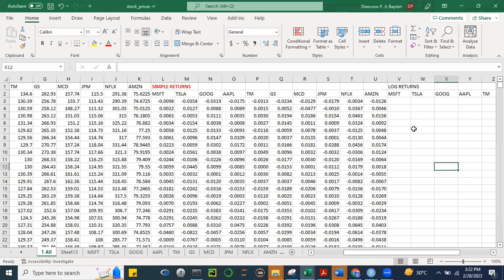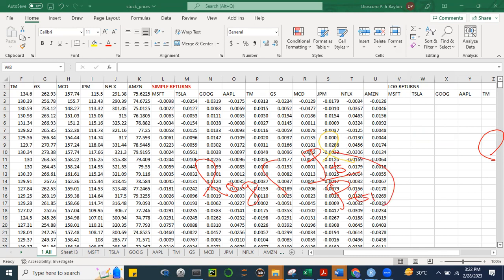All right. So it's the log. If you take a look at the formula shared by Luis, by the way, thank you, Luis. Sabi ni Luis, it's log of price at time t over price at time t minus 1.